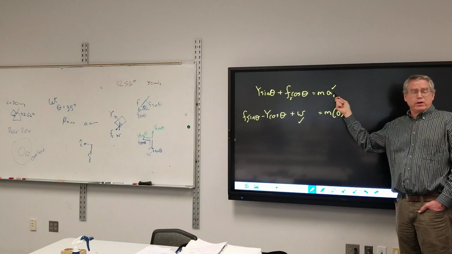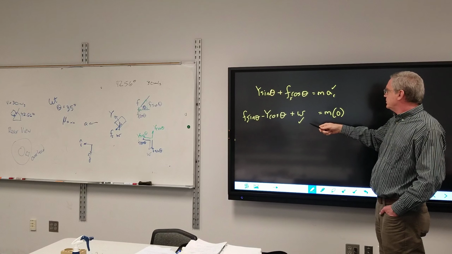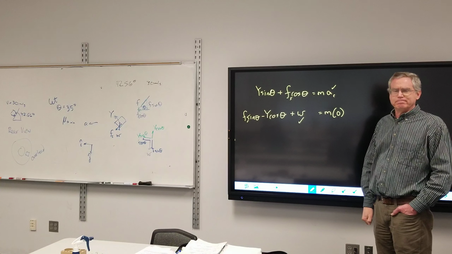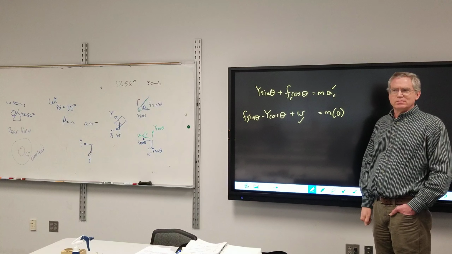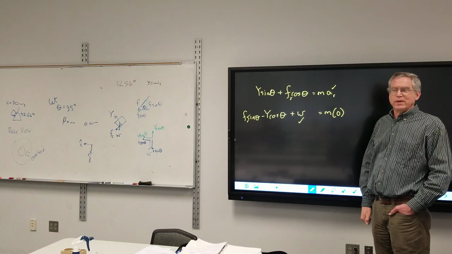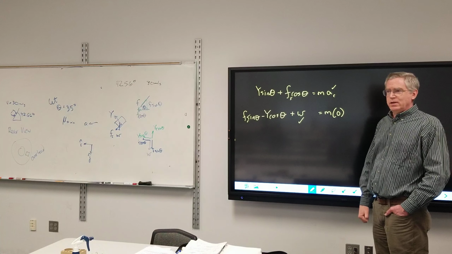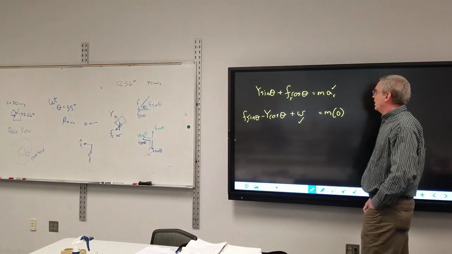However, V squared over R is the one that we want in this particular case. And we have one more independent equation. Friction. Yes. And what's the formula for static friction at the extreme?